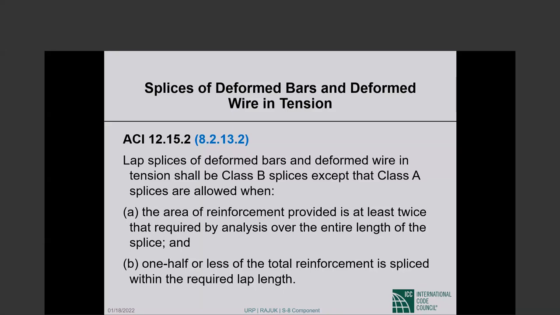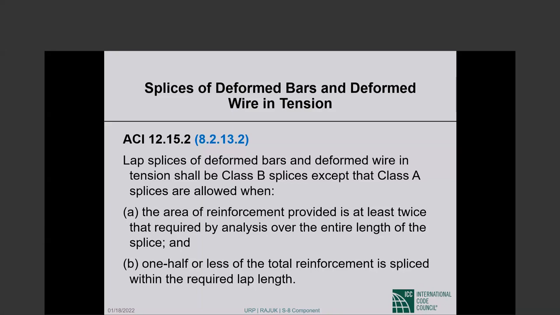What are the two conditions that will qualify for class A splices? The area of reinforcement provided is at least twice that required by analysis over the entire length of the splice. This is obviously very important.